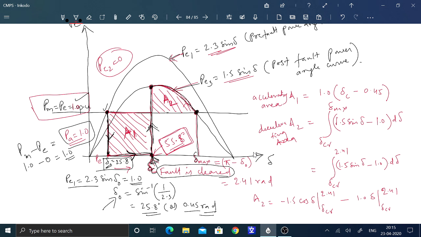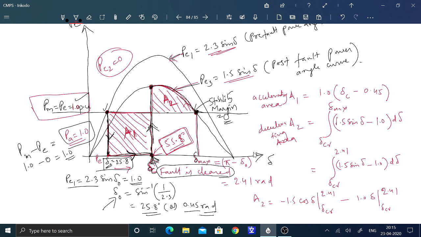Maximum angle means that there will not be any further stability margin left. The stability margin is equal to 0 now.